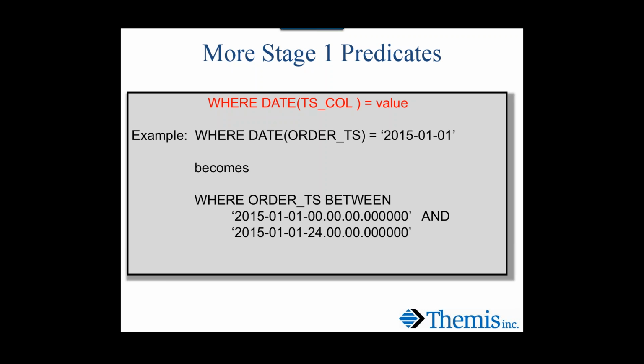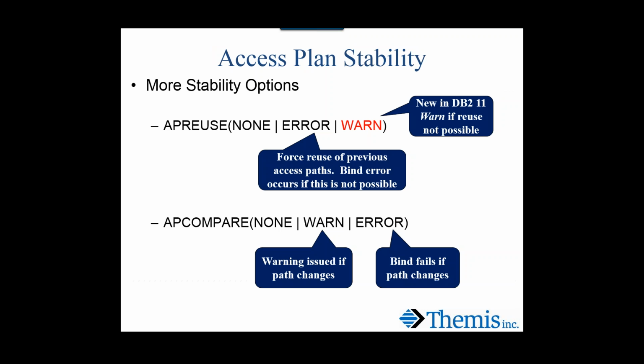AP reuse warn that we looked at a moment ago, there's one caveat or one exception to that. If it sees that your access path is changing by just a little bit, in other words, the index that you're using is the same as before, but in the new access path you would be able to match more columns, then it goes ahead and allows that change, assuming that that is kind of unequivocally good.